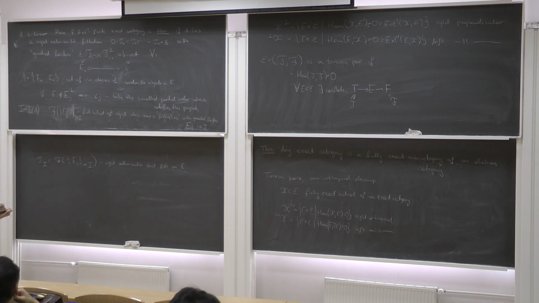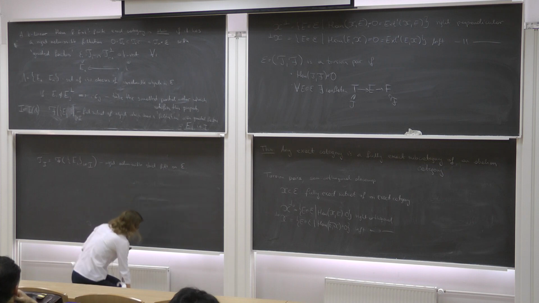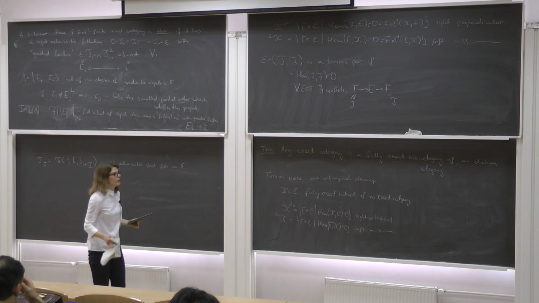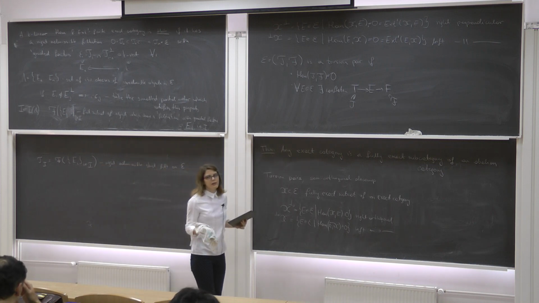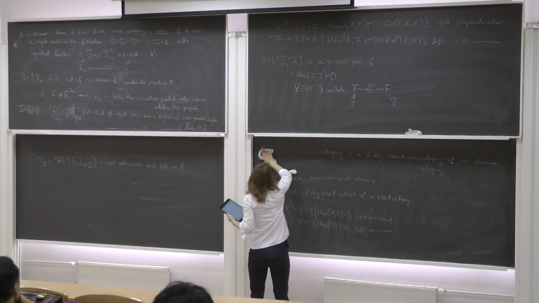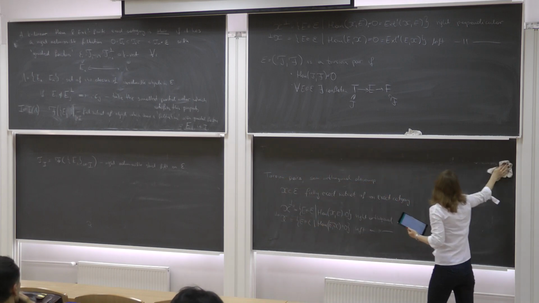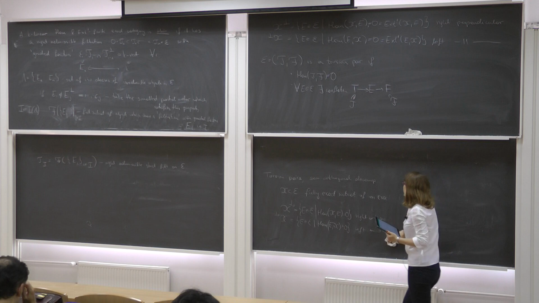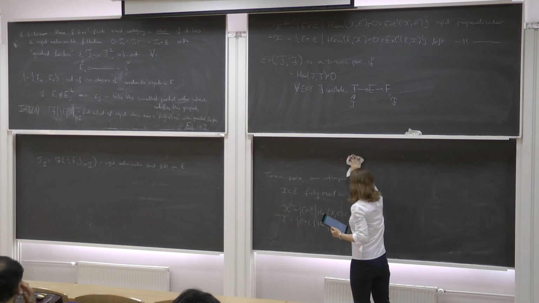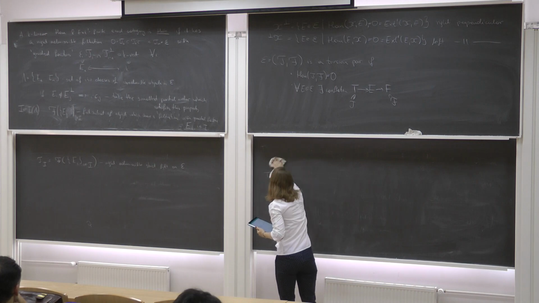Okay, so now I want to tell you a little bit how from an exact category one can construct an abelian one. As I said in the beginning, an abelian category is an example of an exact category, but it has more structure.